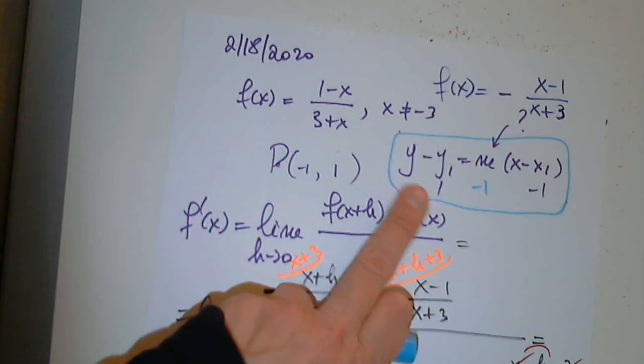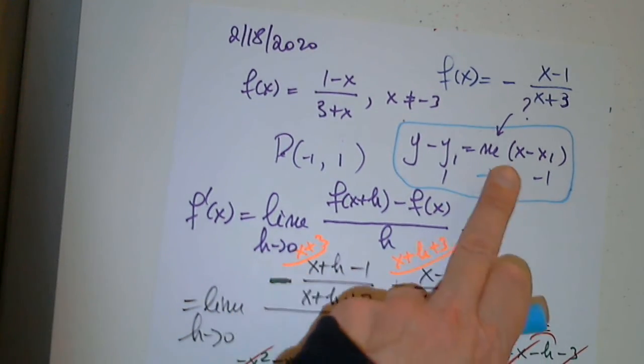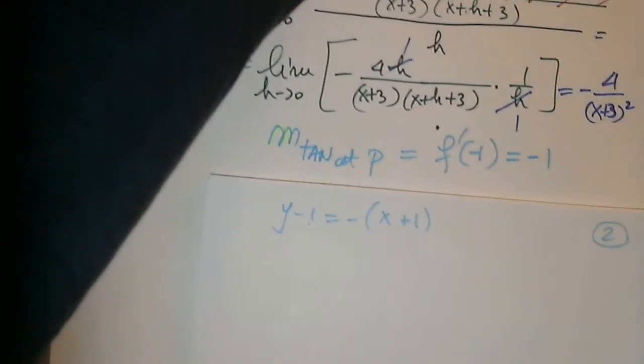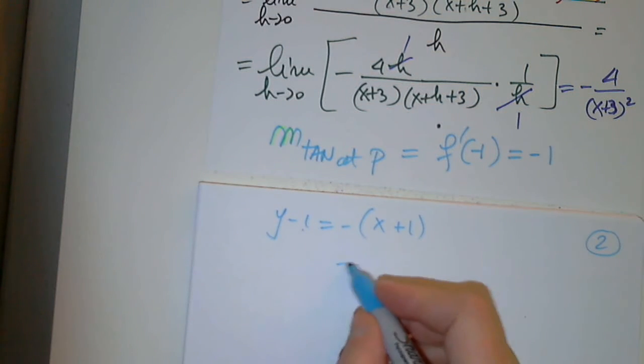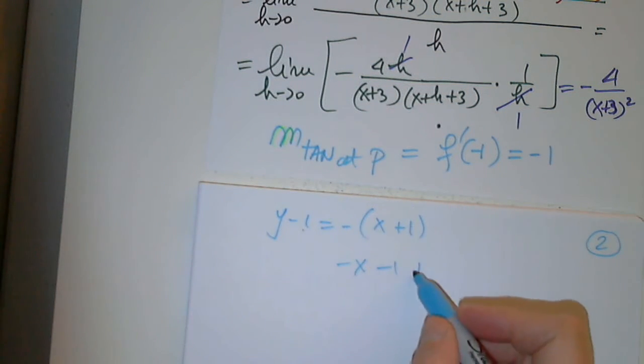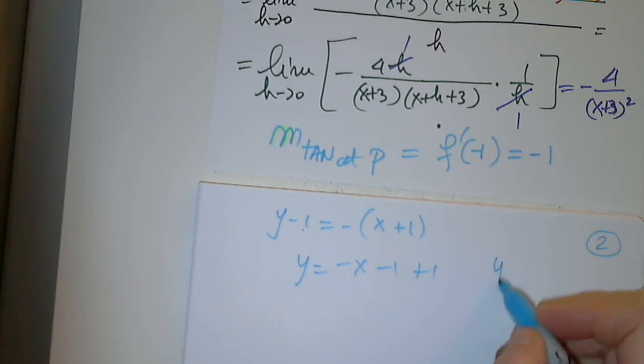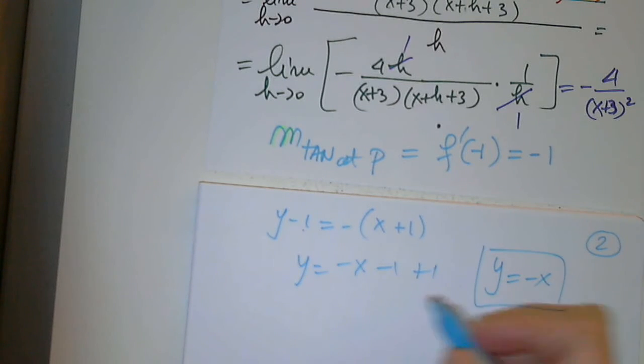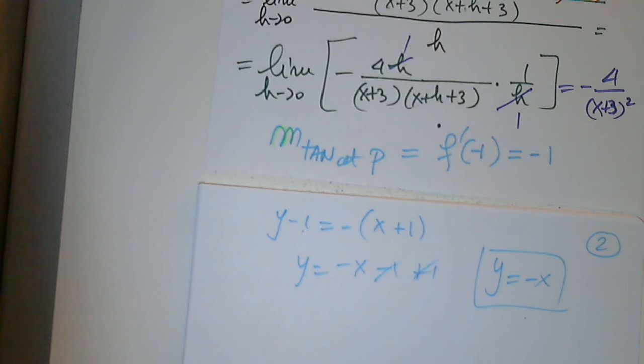One more time, it was y minus 1, negative 1 outside, and x minus negative 1, which is x plus 1. And then we have negative x, negative 1, I have to bring positive 1. So finally, this is the equation of the tangent line to the graph of f of x at the point p, coordinates negative 1, comma 1.